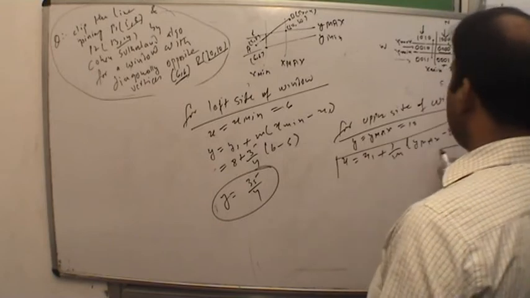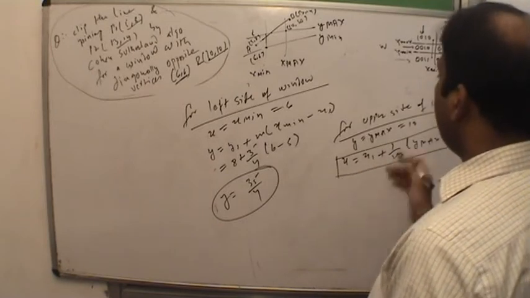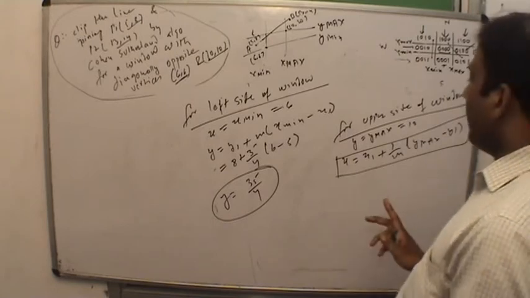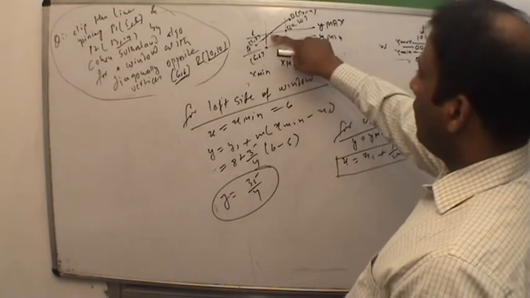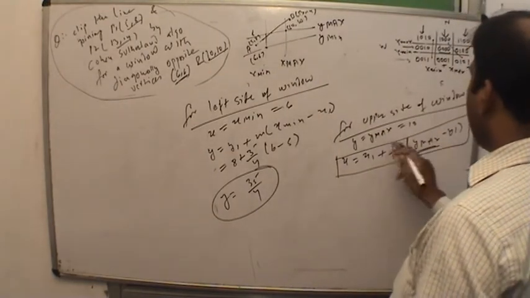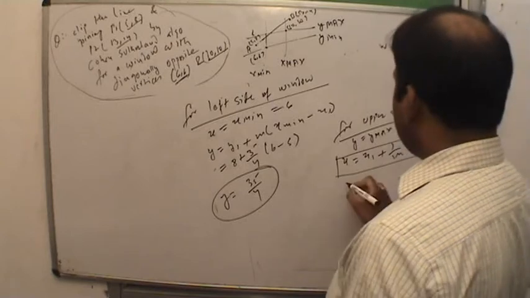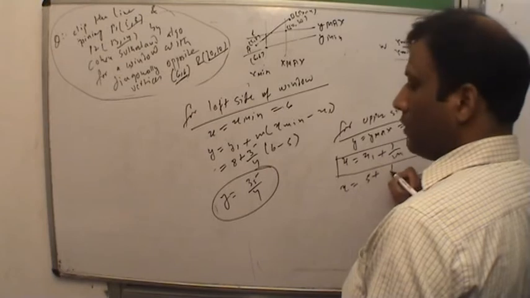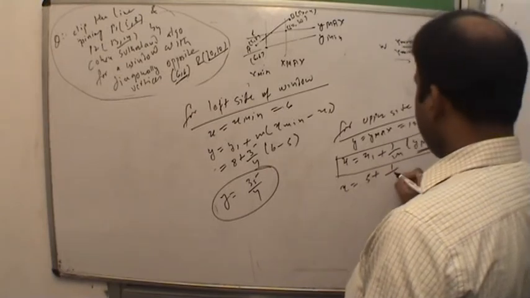We have discussed these equations previously. When the line cuts the upper side of the window, we have to apply these equations. So when we put the value of y max in these equations, we get x equal to x1, which is 5, plus 1 by m.